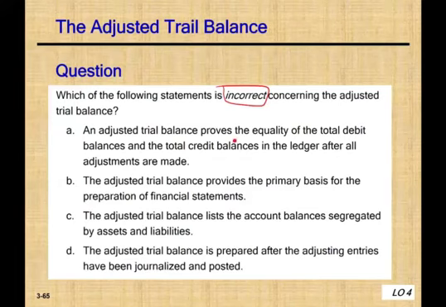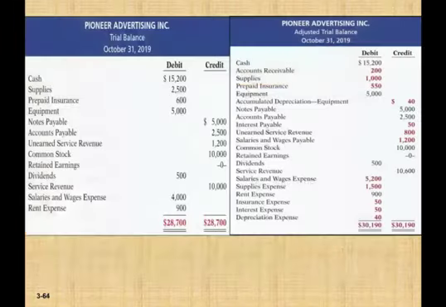An adjusted trial balance proves the equality of total debit balances and credit balances in the ledger after all adjustments. Yes, it does. The adjusted trial balance provides the primary basis for preparing financial statements. Yes, it does. The adjusted trial balance lists the account balances segregated by assets and liabilities. No. The adjusted trial balance still takes the same format.